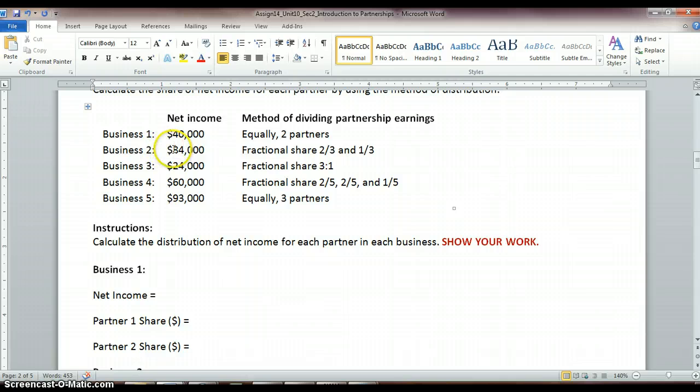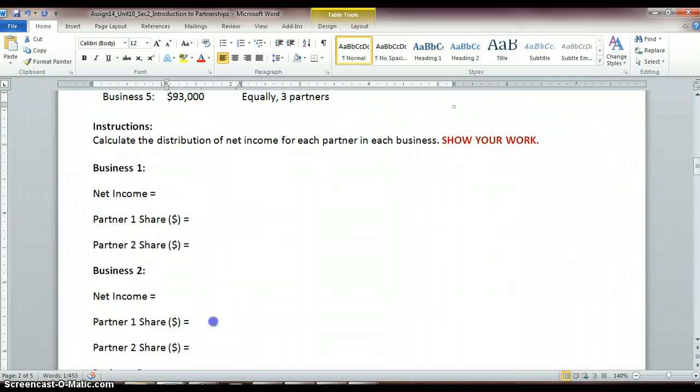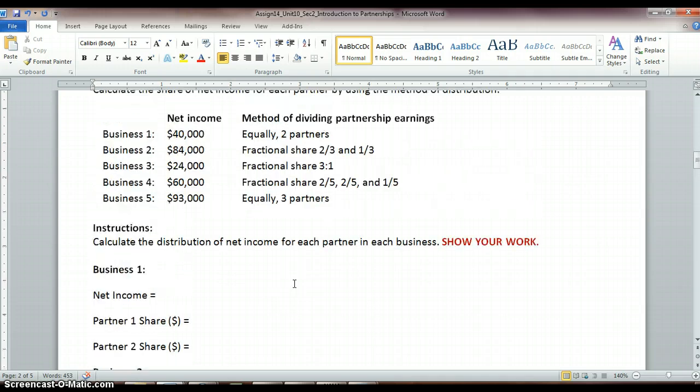In business two, we have a net income of $84,000 and there's a fractional share of 2/3 and 1/3. So one partner has the 2/3 share, the other partner has the 1/3 share. So divide out how much each of them should earn in that net income. Business three has $24,000 in net income.